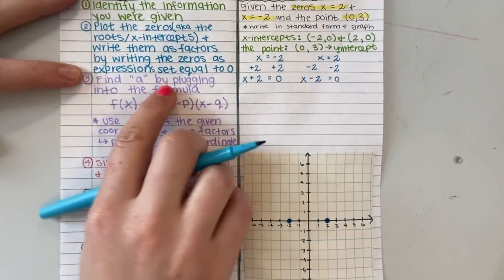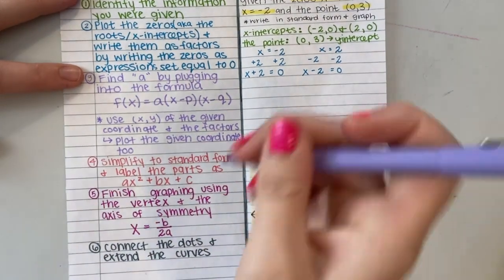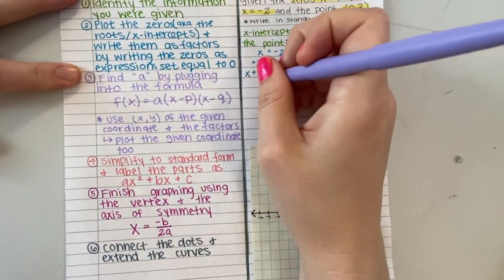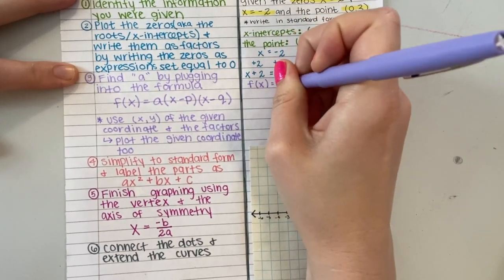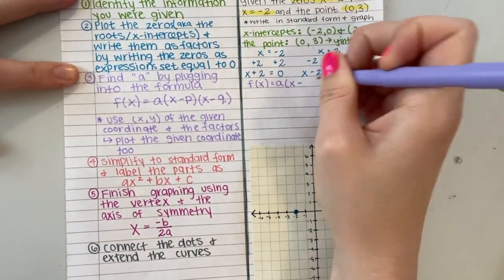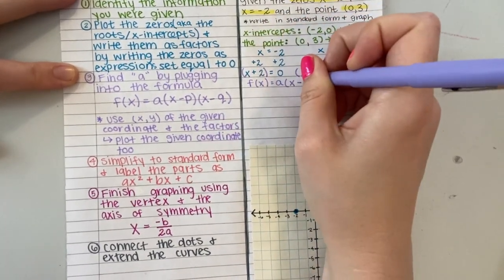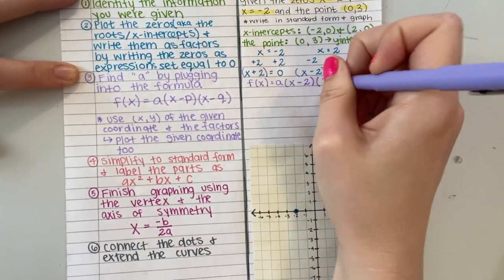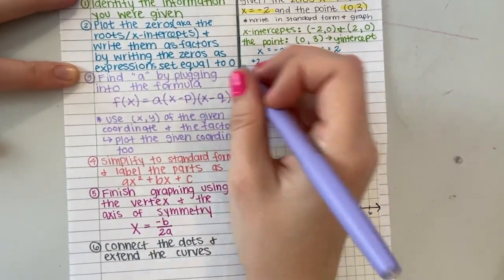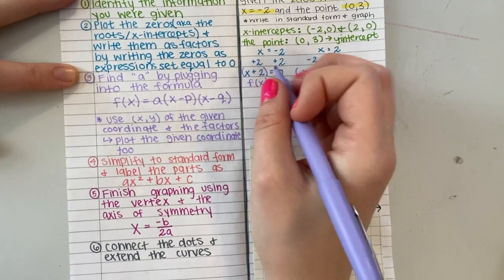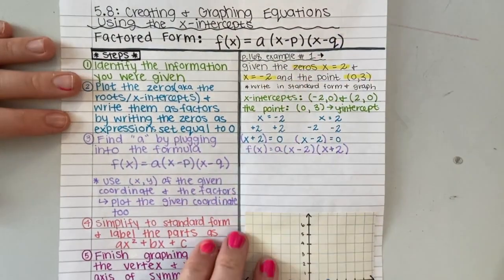Now I can find a by plugging into the formula. I know my generic formula is f of x equals a times (x minus 2) times (x plus 2), because I'm using these factors that I found and plugging them in for the factors there.